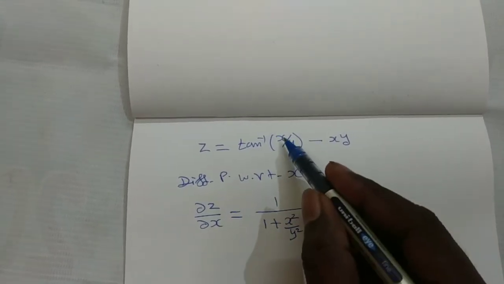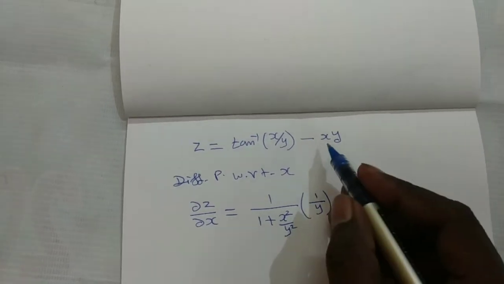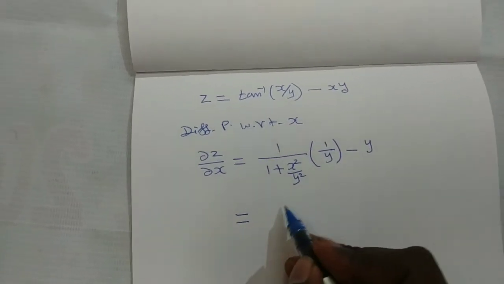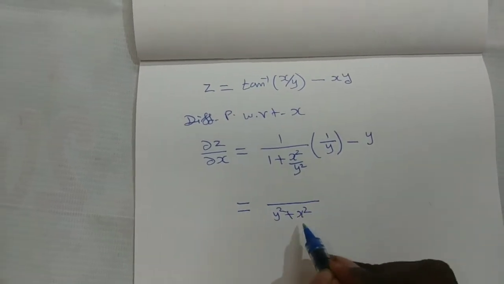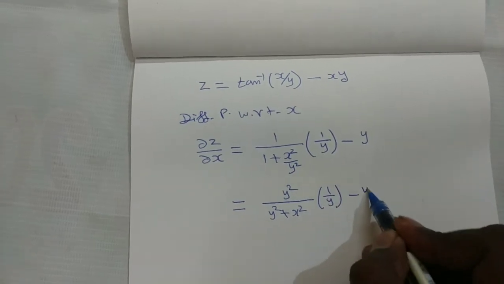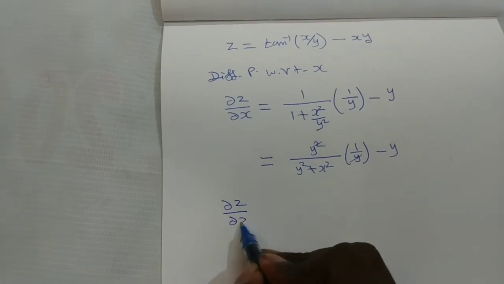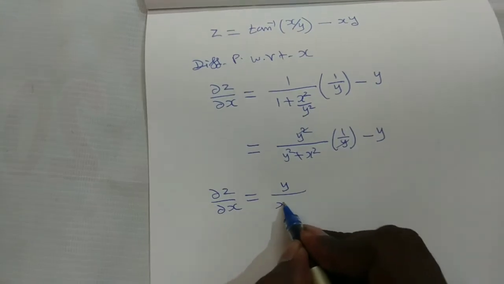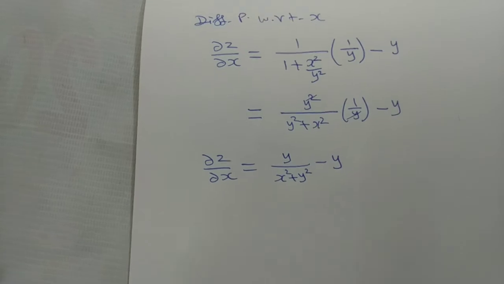The x is only in the numerator. So x differential is 1, so 1 by y, minus x differential 1 into y, y. So the further simplification: take y square here, y square plus x square divided by y square, take into numerator, into 1 by y minus y. One y will be cancelled. So ∂z/∂x is equal to y by x square plus y square minus y. So one time differential with respect to x over.